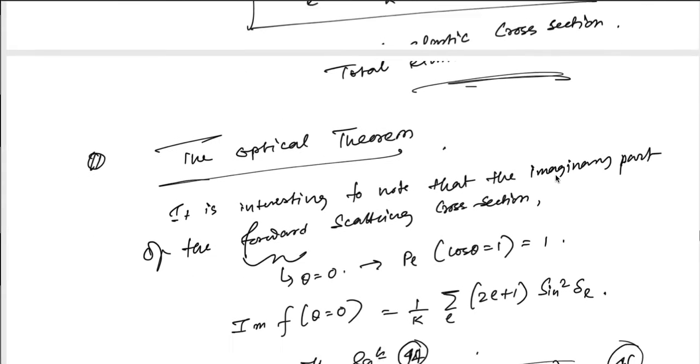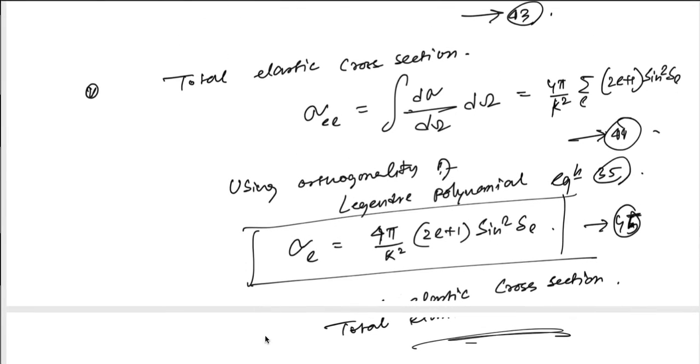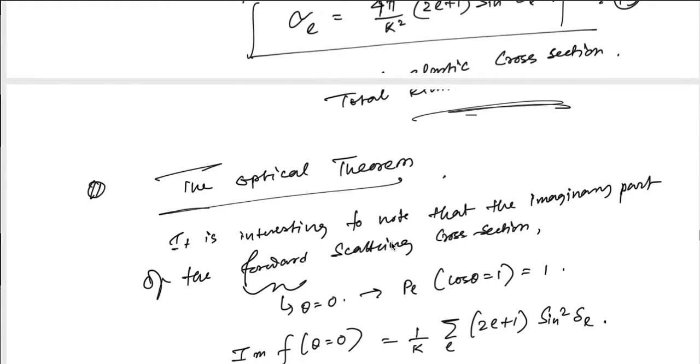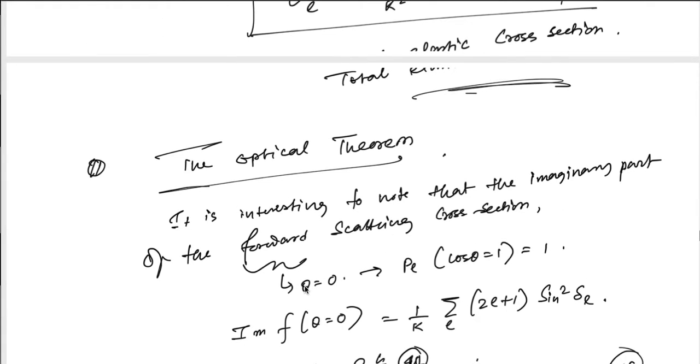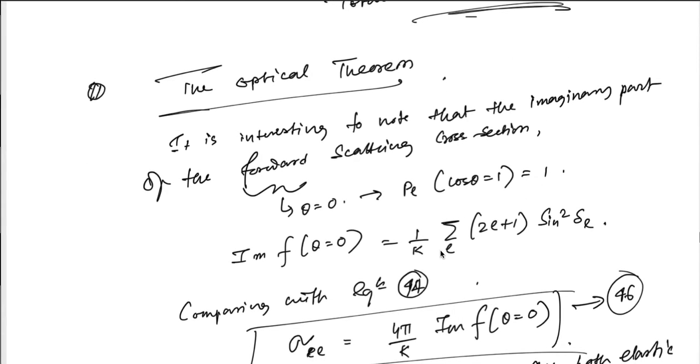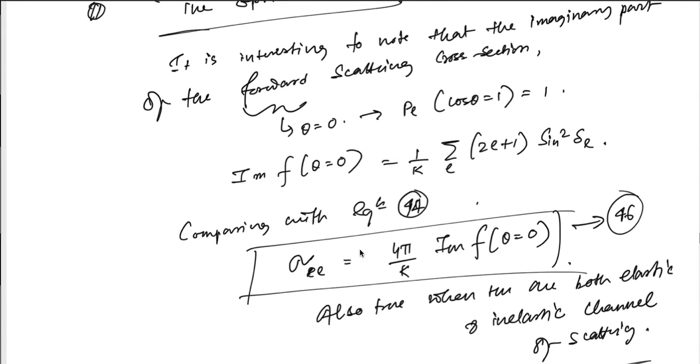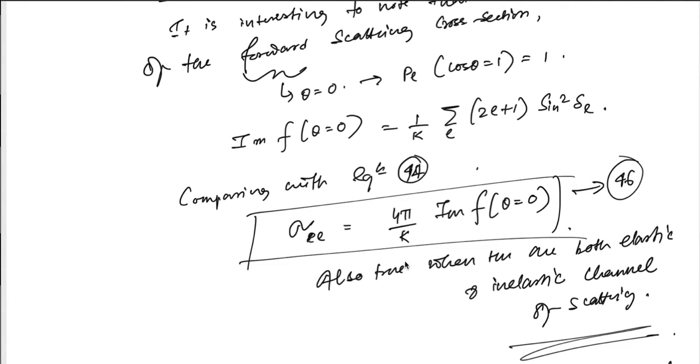Now, also note one interesting thing from here, that this whole thing can be written as the imaginary part of the forward scattering amplitude. If I put theta equal to 0, that means the forward scattering, this P_L(cos theta) is just 1. So the imaginary part of that forward scattering amplitude is this quantity, that is 1 by k times the sum of (2L plus 1) sin squared delta_L. So the total elastic scattering cross section is nothing but 4 pi by k times the imaginary part of f(theta equal to 0).